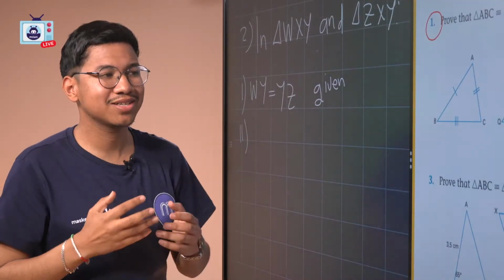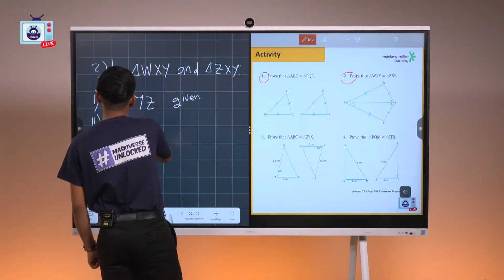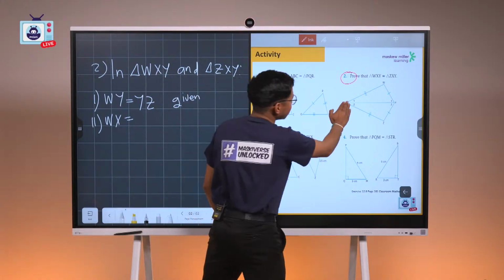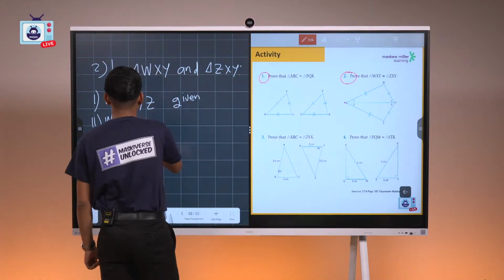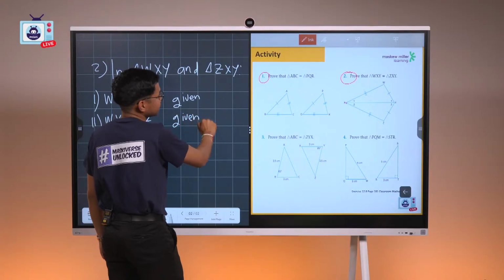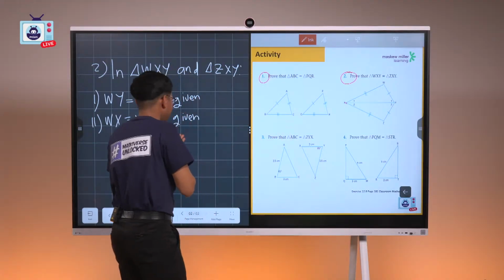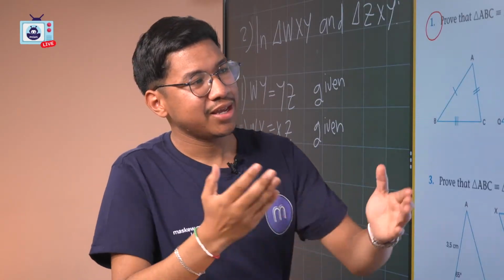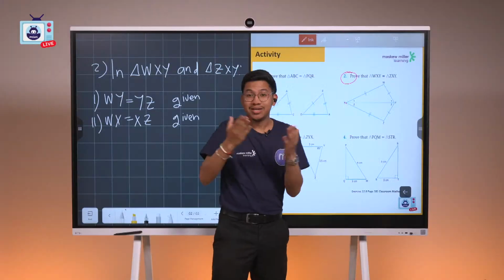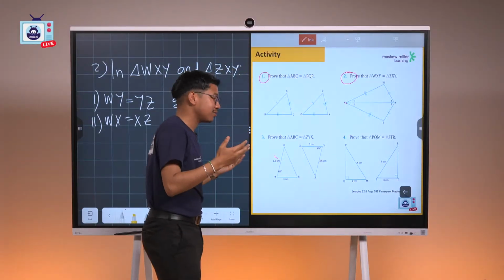I can hear you guys screaming through the screen that the side WX is equal to the side XZ, and that is also given to me. Now, I'm missing one more, but I don't see another side being indicated by 2 lines or 3 lines or 4 lines. So which side can it be?